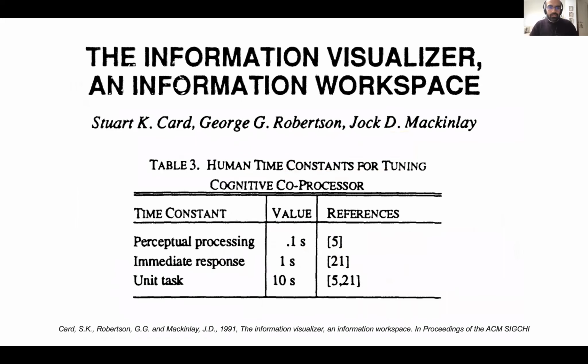There's some fantastic theory that was suggested by Stuart Card, Jock Mackinlay and George Robertson, about this concept of human time constants. If you want people to process interactively updating information like an animation, you need to refresh it at a rate of 0.1 seconds.